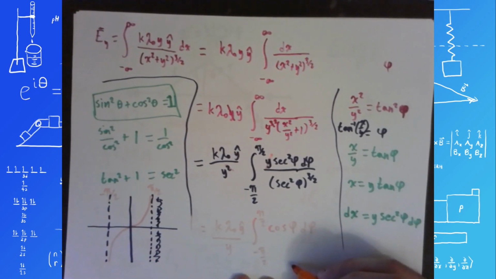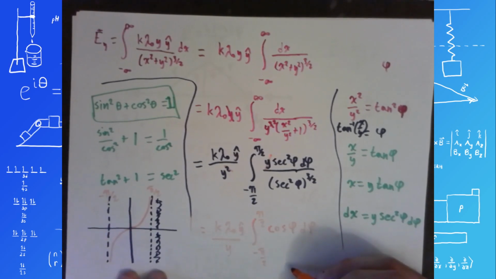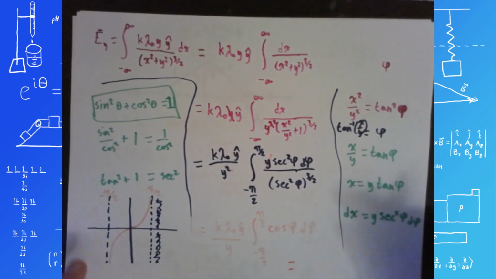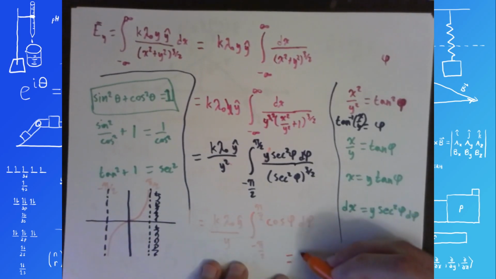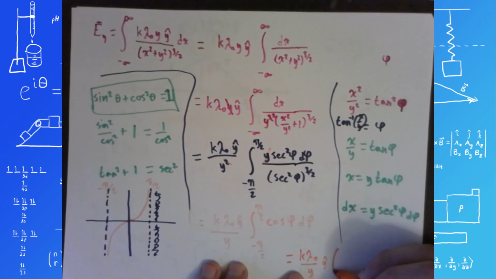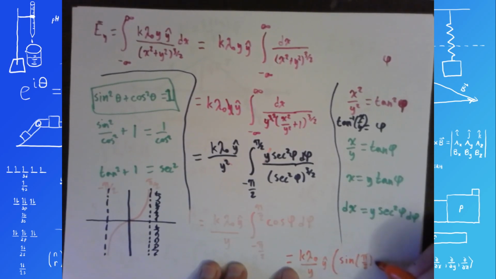We are going to get k, lambda 0, over y hat, times integral of cosine is sine of pi over 2 minus sine of negative pi over 2.